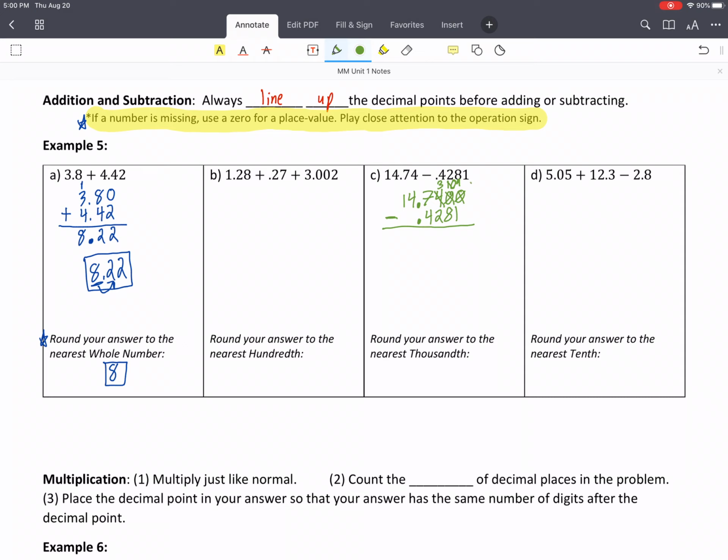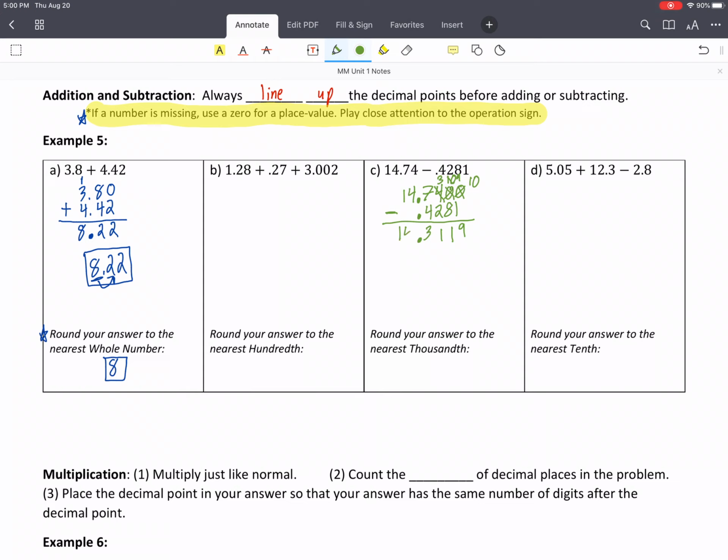And this last one becomes a 10. So 10 minus 1, we get 9. 9 minus 8, we get 1. 3 minus 2, we get 1. 7 minus 4, we get 3. Bring the decimal down, then we get 14. So our answer would be 14.3119.